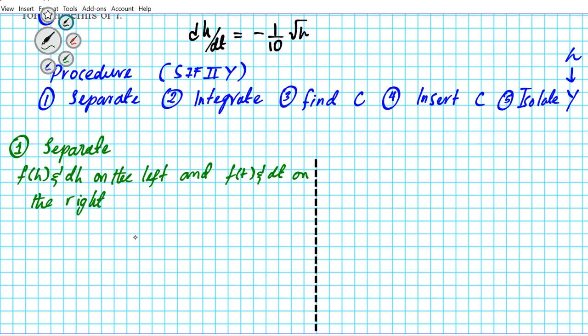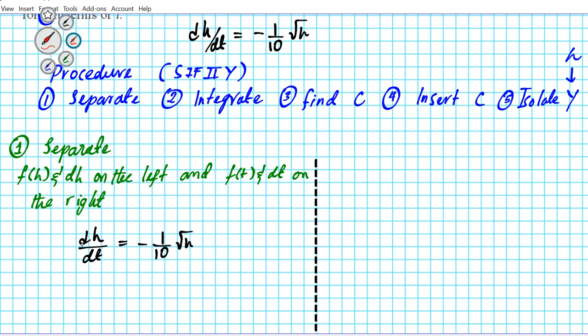Okay, let's do it. So we have dh/dt is equal to negative 1 over 10 root h. We want dt on the right side and f of h and dh on the left.